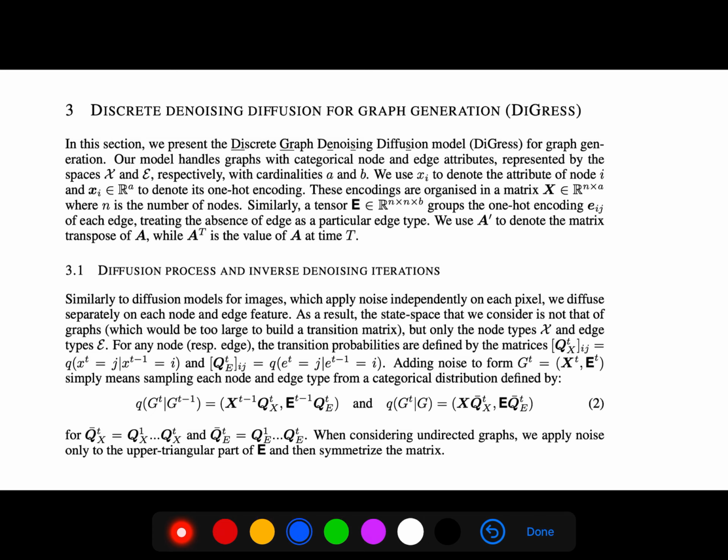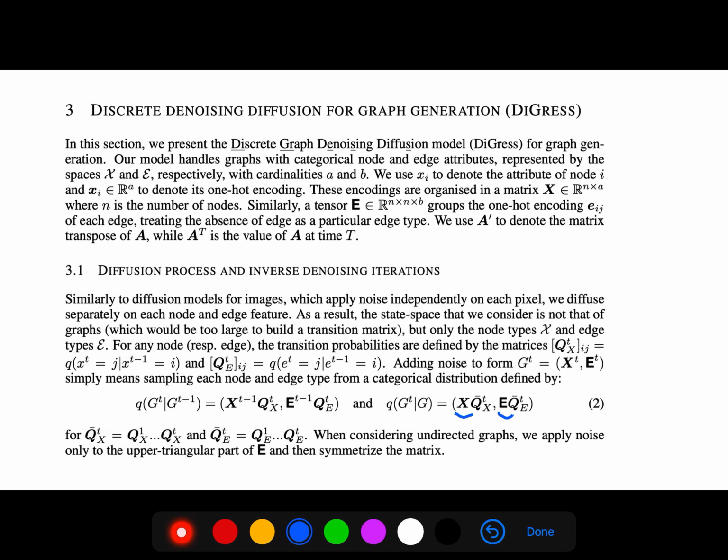And whenever you see X is node features, whenever you see E is edge features. For example, in language modeling, if we have some tokens and we flip it, for example, in diffusion language model, diffusion LLM, you flip it. Here, we flip the nodes with node types. We flip the edge type. So, again, the simple idea.